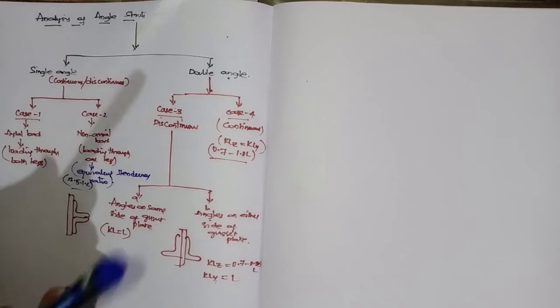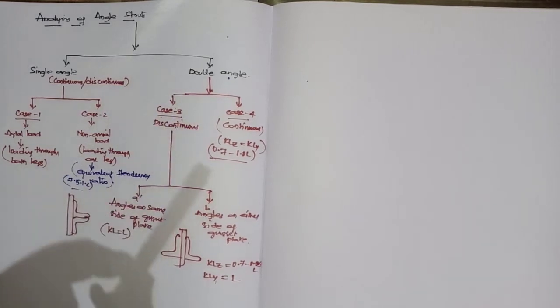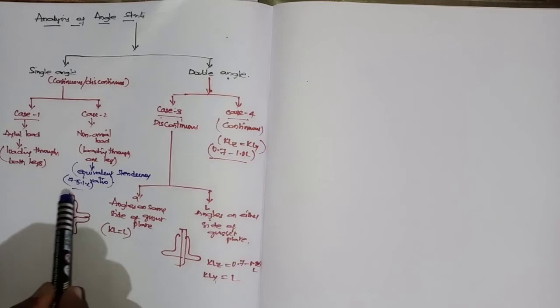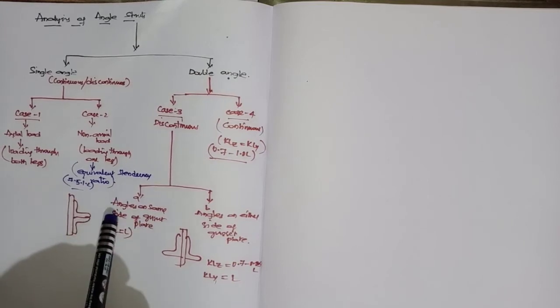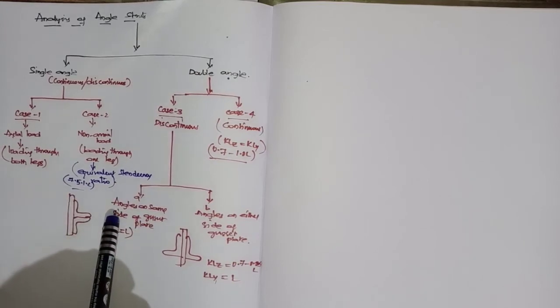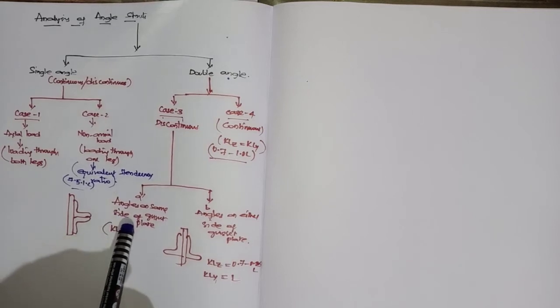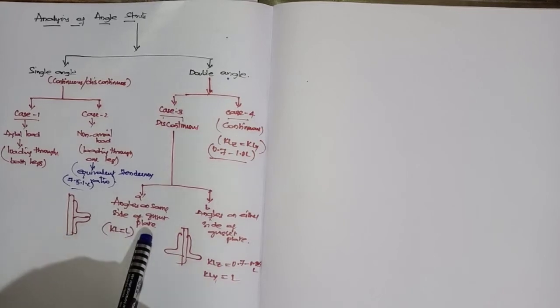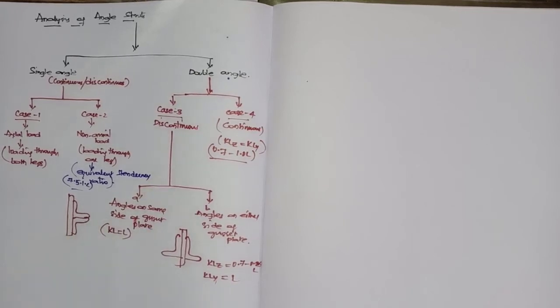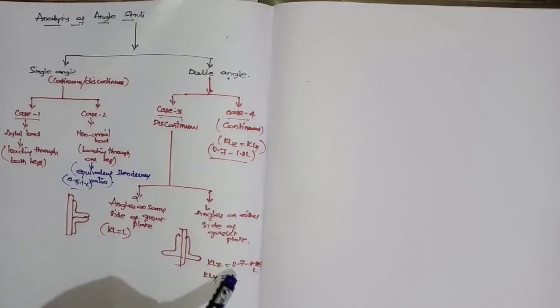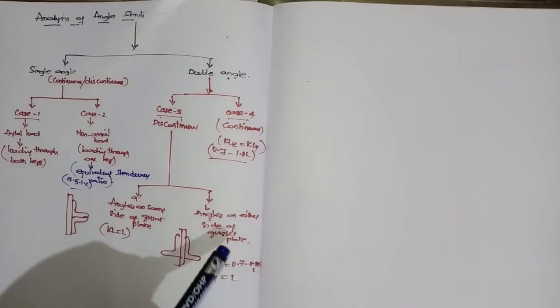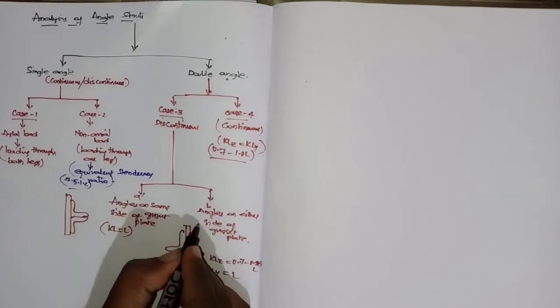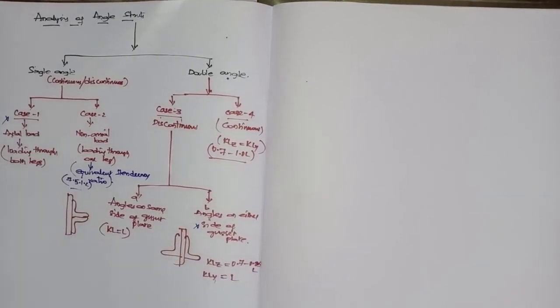Coming to the double angle discontinuous member, in that, angles connected to the same side of the gusset plate: the design will be the same as a single angle connected to the gusset plate through one leg. Next, angles connected on either side: this is the effective length, and the design will be the same as case 1 and the I section.